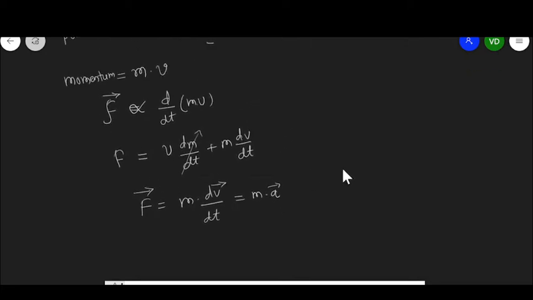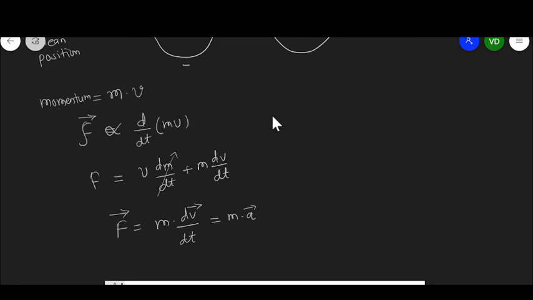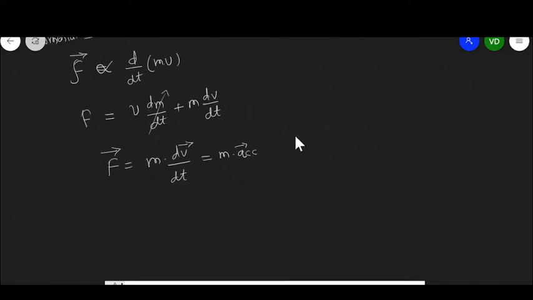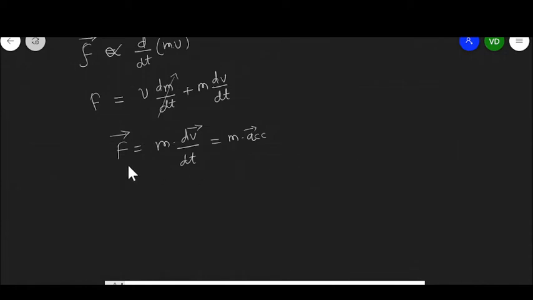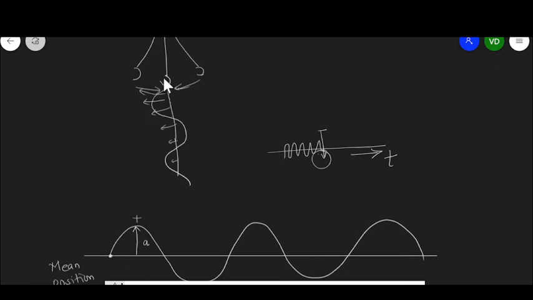Remember that I am writing the vectors at certain places, and you have to keep an eye on these vectors. Now this acceleration a is different and this amplitude A is different. So instead of getting confused, I will just write ACC, that is the acceleration. Of course, it should not be written in this way. Now this is the force that is acting on this swing when it goes to a certain position and comes back.